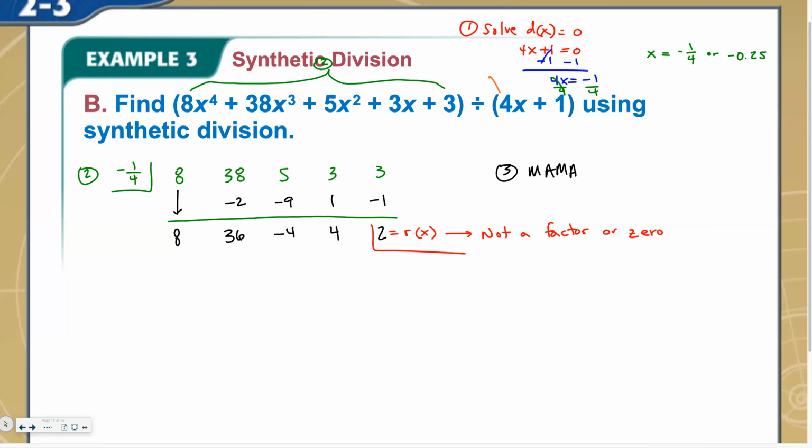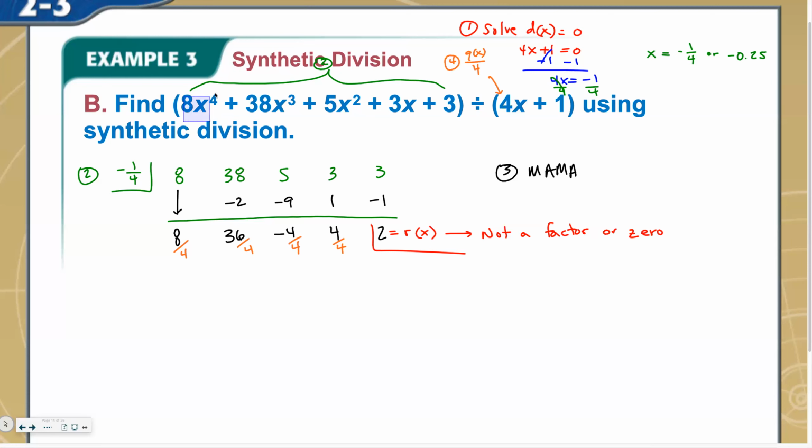Step 4 is when you divide by this number there. You take your quotient, or what looks like it's going to be the quotient, and you divide by this coefficient, which is 4. All my answers need to be divided by 4. And this makes sense. Let me write out the division of 4, and I'll tell you why. Just think for a moment. If we tried long division, you would start with 8x to the 4th right there. 8x to the 4th divided by 4x.